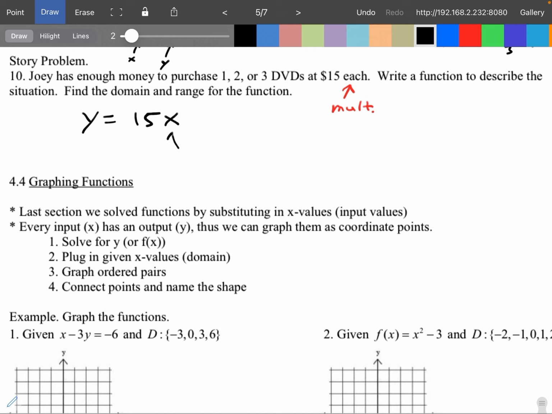So then the amount of money you're going to spend on the DVDs, that's going to be y equals just 15x, right? So 15x, where x here represents your number of DVDs.